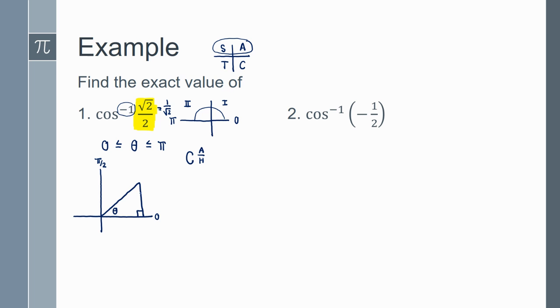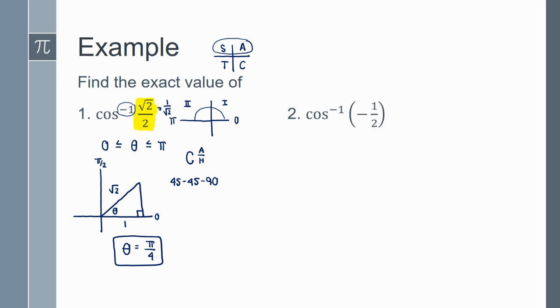So we're thinking about 1 being adjacent, square root of 2 being the hypotenuse. Okay, we're talking about then a 45, 45, 90 triangle. Once again, theta is always going to be a radian value. So what's a 45-degree radian value? Well, that's pi over 4. And that would be my answer.